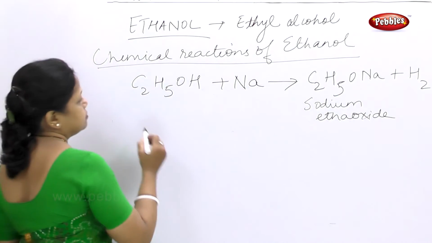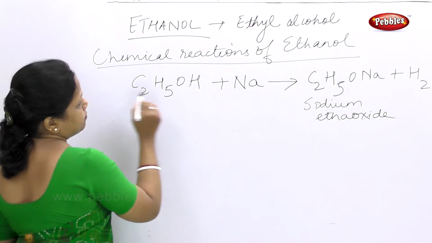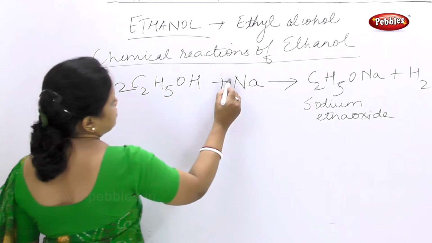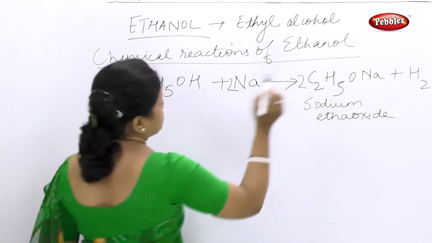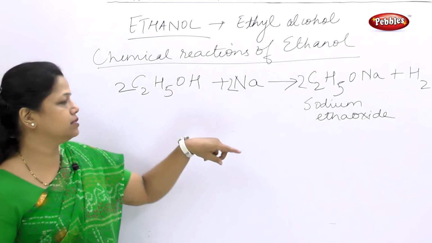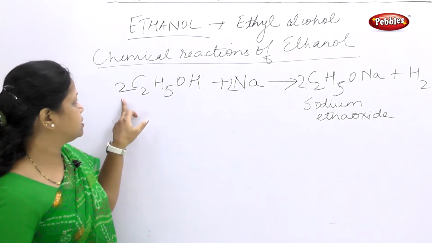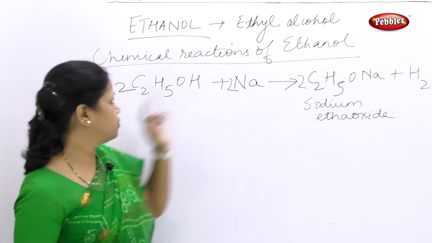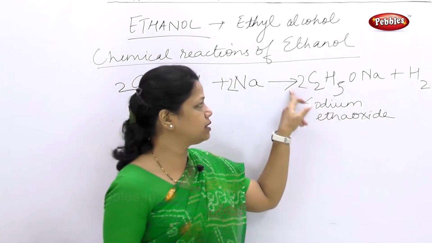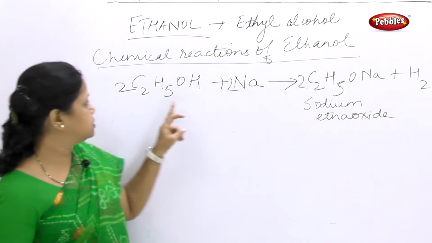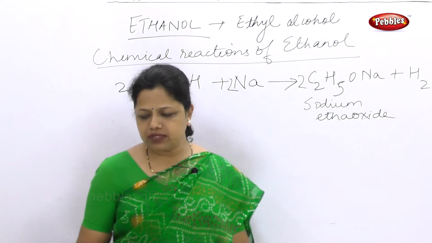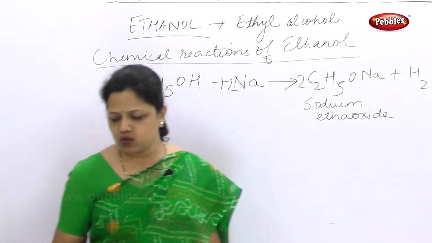Now let's balance it: 2, 2 and 2. We balance the oxygen here and here, and this is how the balancing is done. C: 2 into 2 is 4, 2 into 2 is 4. H: 5 plus 1 is 6, 6 twos are 12, here 5 twos are 10 plus 2 is 12. Oxygen 2, oxygen 2, sodium 2, sodium 2. So this is how ethyl alcohol reacts with sodium metal.